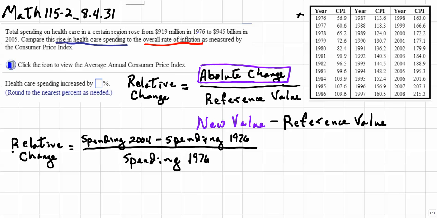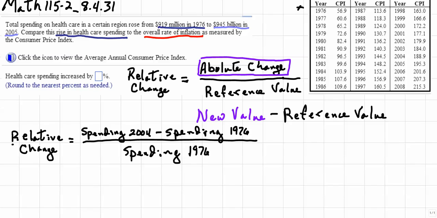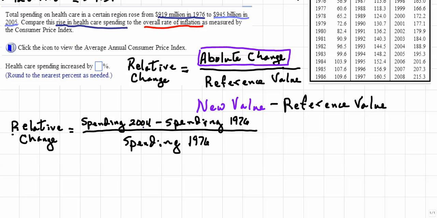Well, in the problem, we had $945 billion in 2005, and we were given a figure of $919 million in 1976. I said 2004, and that should actually be 2005, and I do apologize for that. So let's fix that right here. That should be a 5, not a 4.